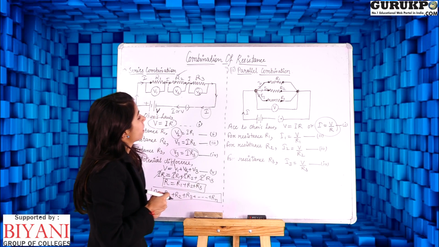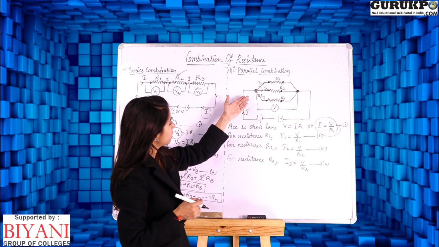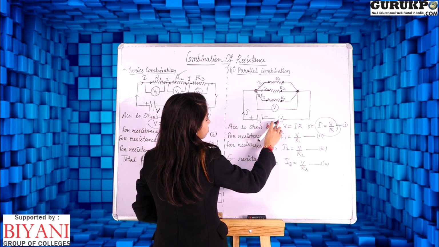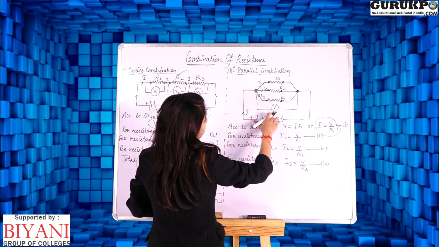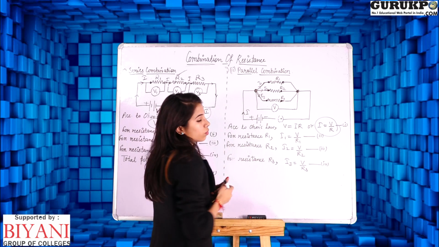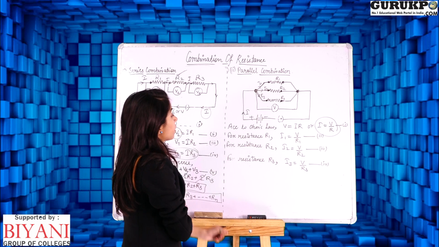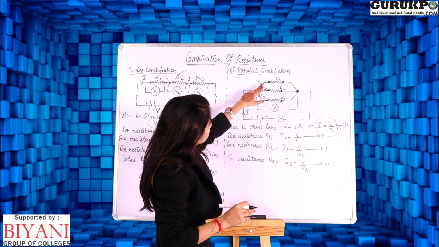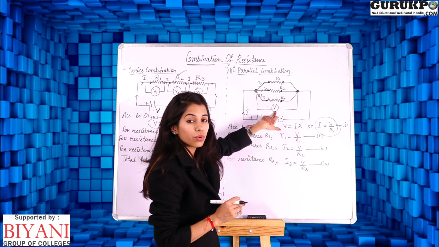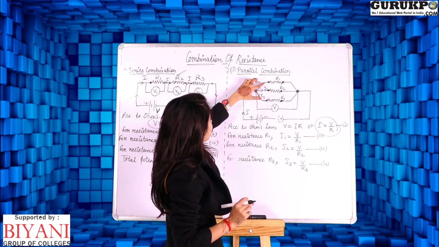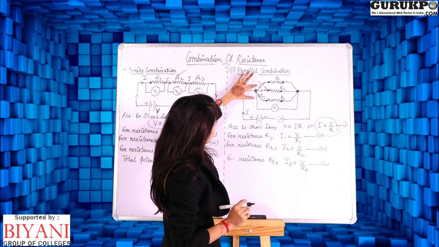If I talk about parallel combination, then here you can see the diagram of parallel combination. This is the battery, this is the switch, this is the potential difference, these are the 3 resistances R1, R2 and R3 which are connected in parallel form. Now you can see that all the 3 resistances have the same potential difference, that is V, and the 3 resistances will have different currents.